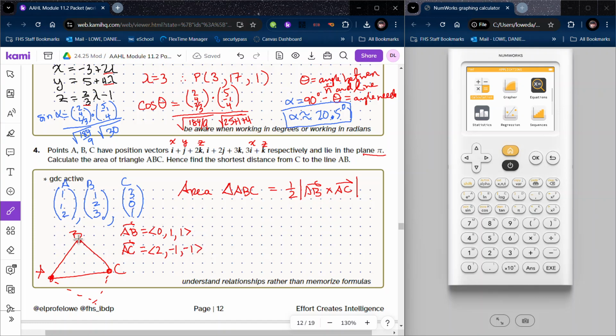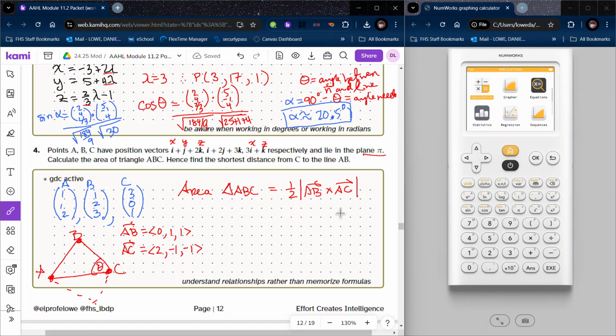Really and truly, I could have done BA to BC, or CA to CB. It doesn't really matter which directions I'm using, but I'm going to set up with two vectors because then I can play with the angle between the vectors.